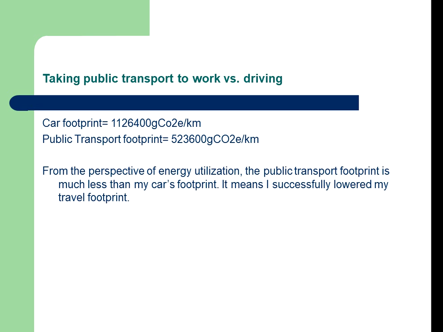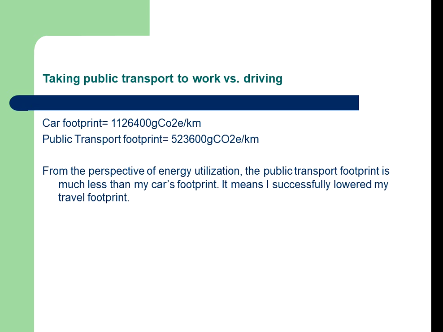So the car footprint is double the public transport footprint. You can see in the calculation. Car footprint is 1,126,400 grams carbon dioxide emission, but public transport is half of it. From the perspective of energy utilization, the public transport footprint is much less than my car's footprint.